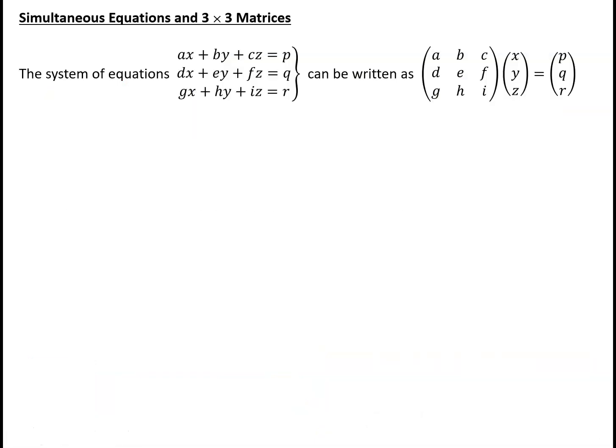If we have a system of equations with three unknowns and three equations of the form ax + by + cz = p, dx + ey + fz = q, and gx + hy + iz = r, then that system of equations can be written as a matrix equation of the 3x3 matrix ABC, DEF, GHI times the column vector x, y, z equals the column vector P, Q, R.